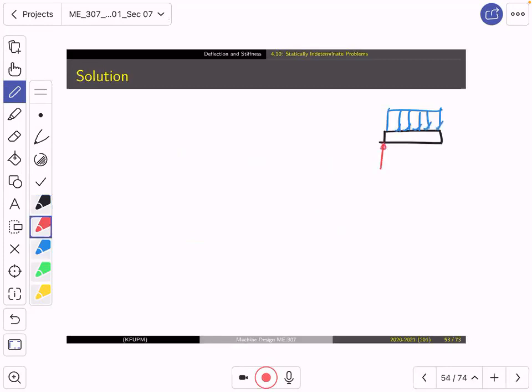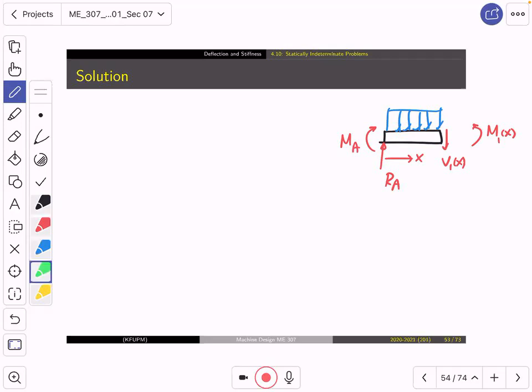I know that there is a reaction RA. I know that there will be a shear force, which I am going to call V1x. This is distance x. And I am going to call this moment M1x. 1 means my first cut. Now, I also know that there is a reaction MA because it's a fixed end. What is going to be this force?